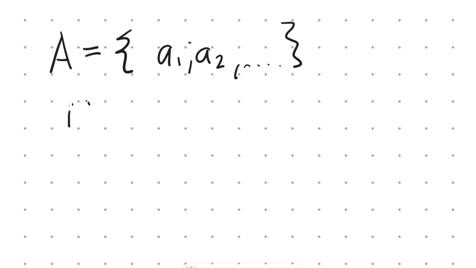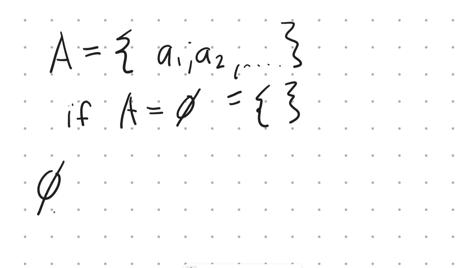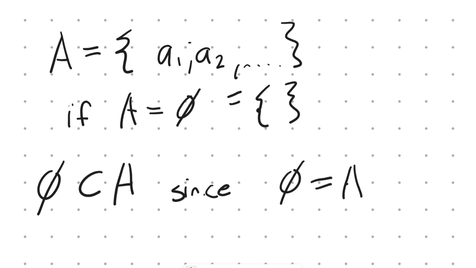And if even A is an empty set, then the empty set will also be a subset of A, since the empty set is A, which is the empty set. So it can either be the same thing or it can be a subset of it.